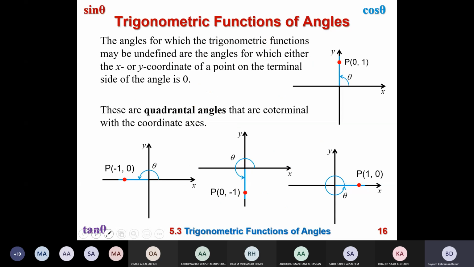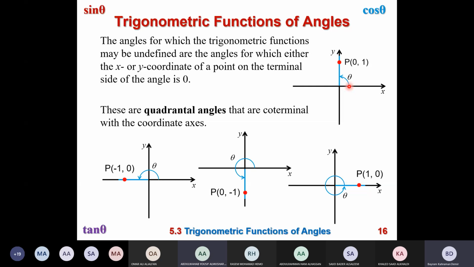Well, here is the special angle, Shabab. What happens if the theta is 90 degrees? Well, if the theta is 90 degrees, then the terminal side is on the y line. So I can find the point easily, because on the y line, 0, 1 is a point on the terminal side, or 0, 2, or 0, 3, whatever you choose. So let's choose 0, 1.